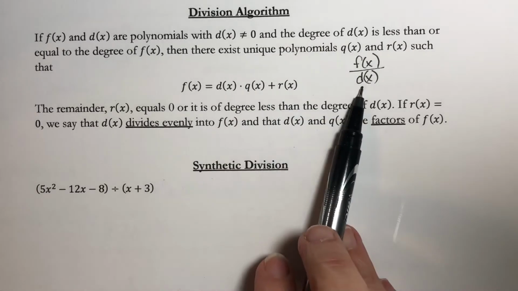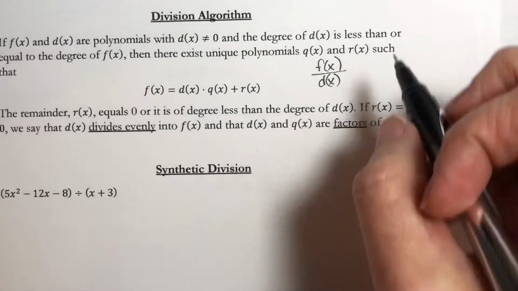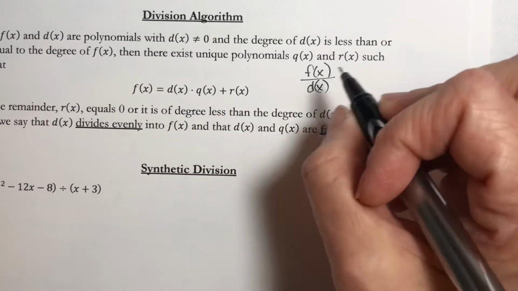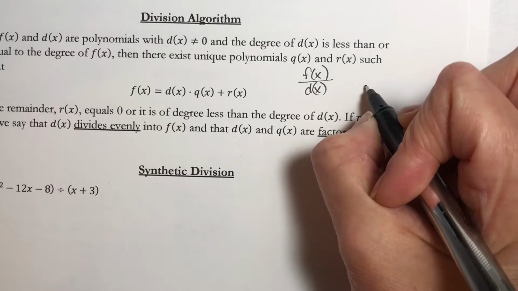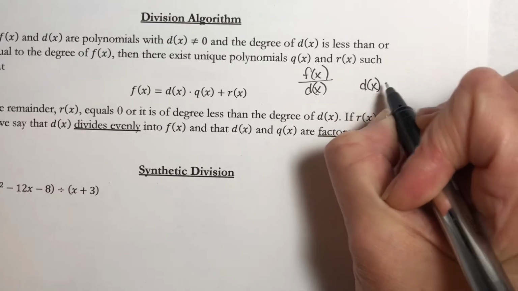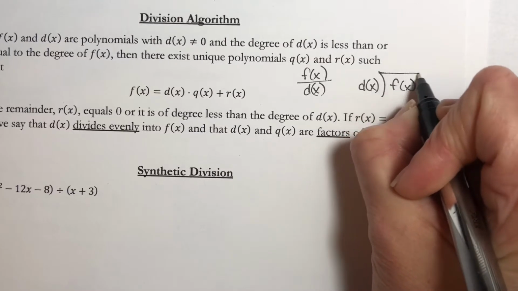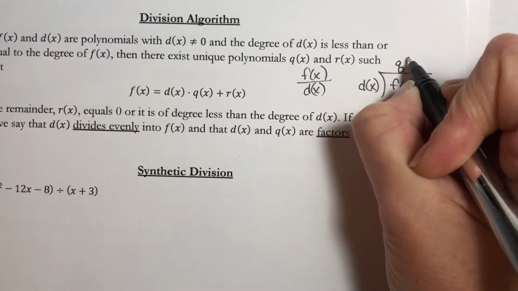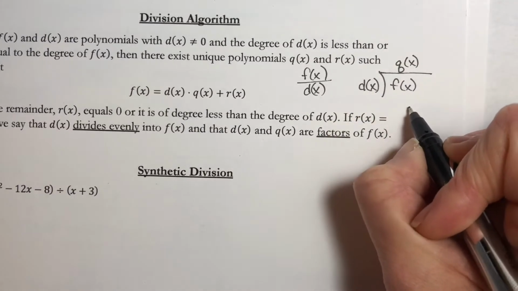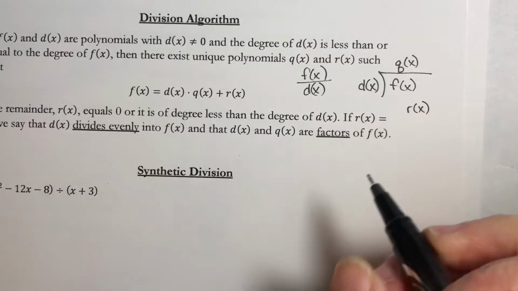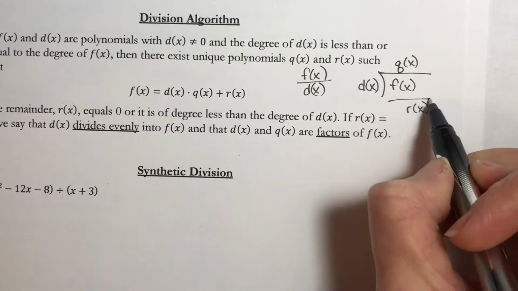And what we've been saying all along is that, well, let me kind of show you what this would look like. If I'm dividing by d of x into our f of x, then up here I have my q of x, which is our quotient, and down here we have our r of x, which is our remainder. And what have we been saying all along?